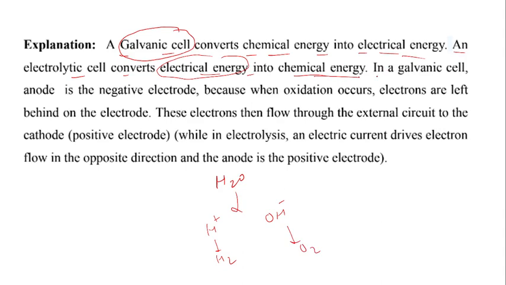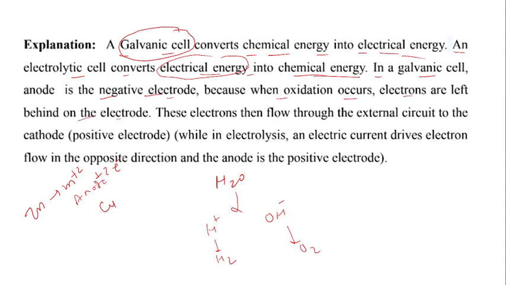In a galvanic cell, the anode is the negative electrode. So which one is the anode? In our case, not copper, it is Zn. Zn is converting to Zn2+ and giving 2 electrons, so it is called the anode, as we just discussed. In a galvanic cell, the anode is the negative electrode because when oxidation occurs, electrons are left behind on the electrode.